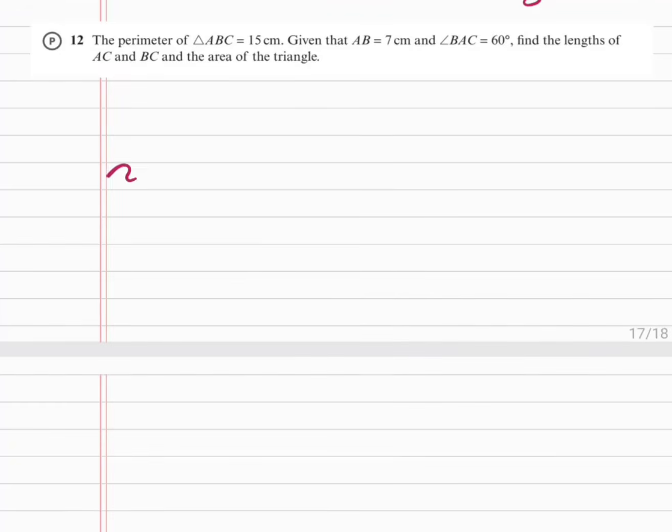Okay, so let us start with a simple sketch of the triangle. This is an interesting question because not all the time are we given the side lengths or just typical information directly.